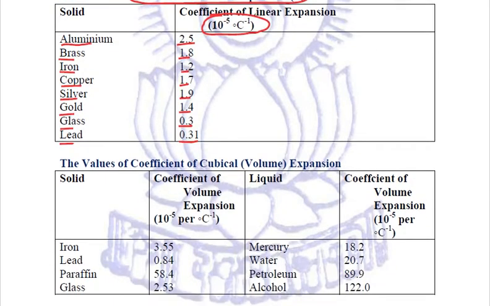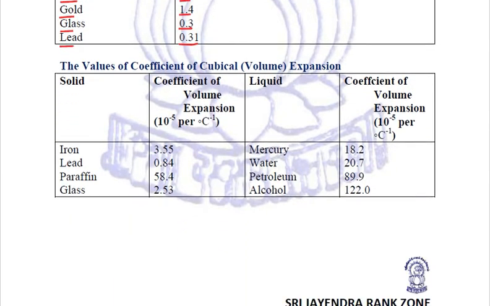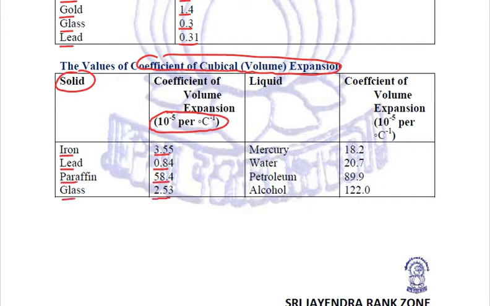Next, we studied about the second type of expansion of the solids, that is coefficient of cubical or volume expansion. This is also in 10 to the power minus 5 per degree Celsius. The coefficient of volume expansion of solids: of iron it is 3.55, lead is 0.84, paraffin is 58.4, glass is 2.53. Clear?